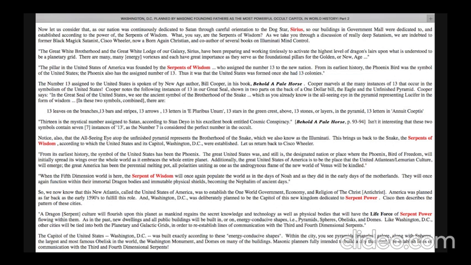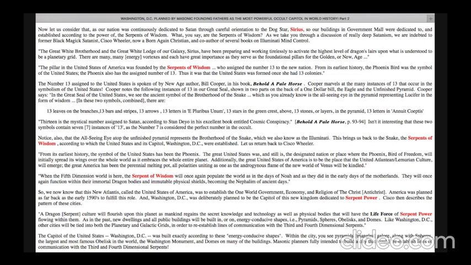There are 13 leaves on the branches, 13 bars and stripes, 13 arrows, 13 letters in E Pluribus Unum, 13 stars in the crest above, 13 layers of stones in the pyramid, 13 letters in Annuit Coeptis. 13 is the mystical number assigned to Satan, according to Stan Deyo in his excellent book entitled Cosmic Conspiracy. Isn't it interesting that these two symbols contain 7 instances of 13, as the number 7 is considered the perfect number in the occult?